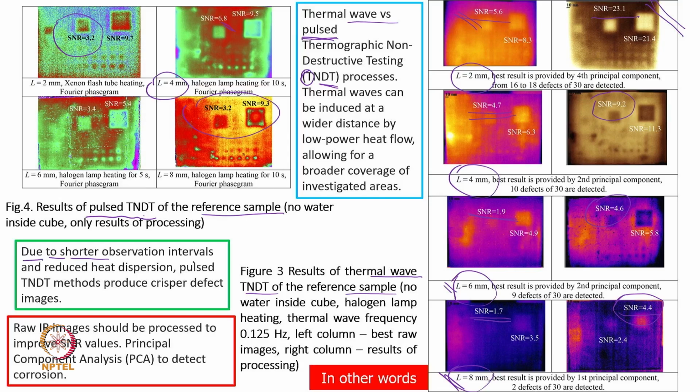So, due to the shorter observation interval and reduction of the heat dispersion, heat dispersion also reduces, and they concluded the pulse TNDT will be a better option, or it will give crisper defect images.